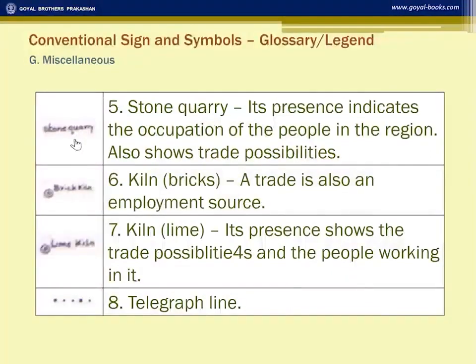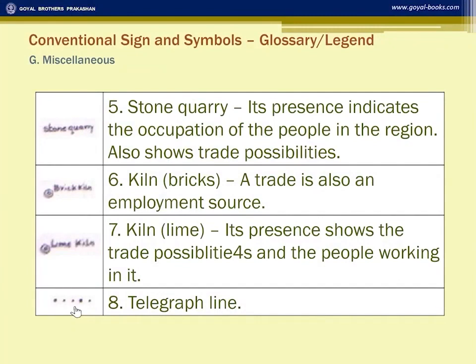On the survey sheet, if you see a stone quarry, brick kiln, or lime kiln, you can infer the occupation by saying that people are working in a stone quarry, brick kiln, or lime kiln.